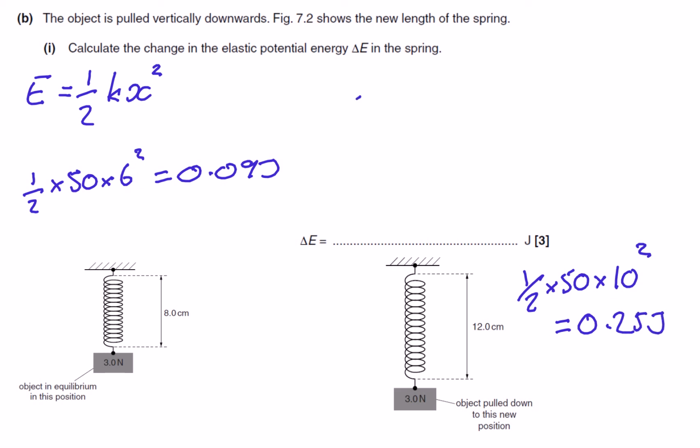So therefore delta E is going to equal 0.25 take away 0.09, and that comes out as being 0.16 joules. And there we go. That's not quite the paper finished. I thought it was.